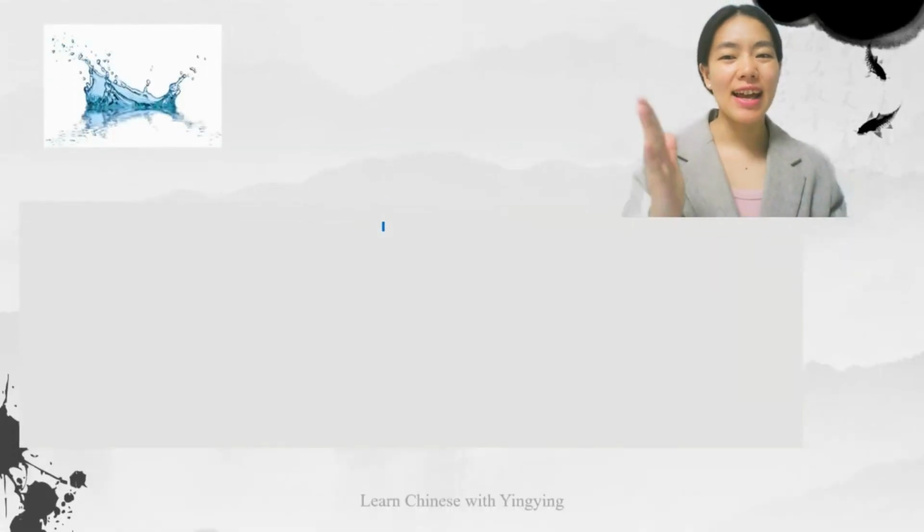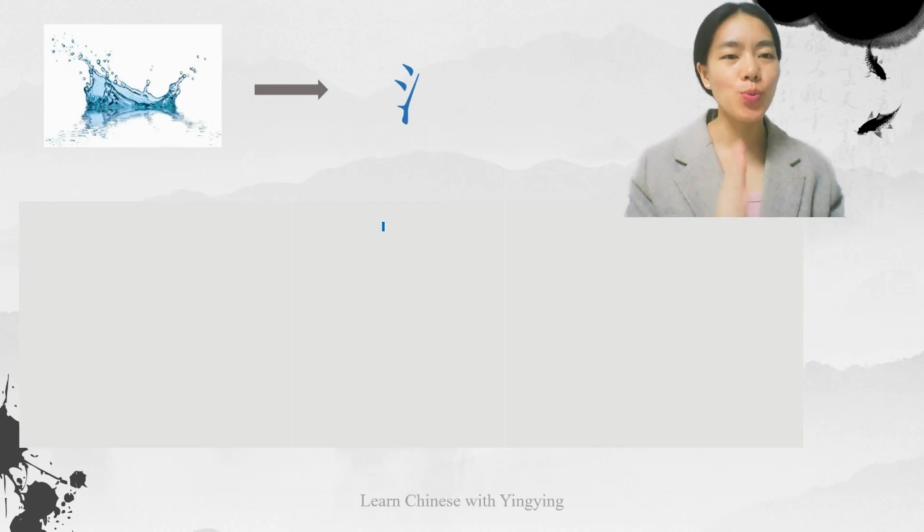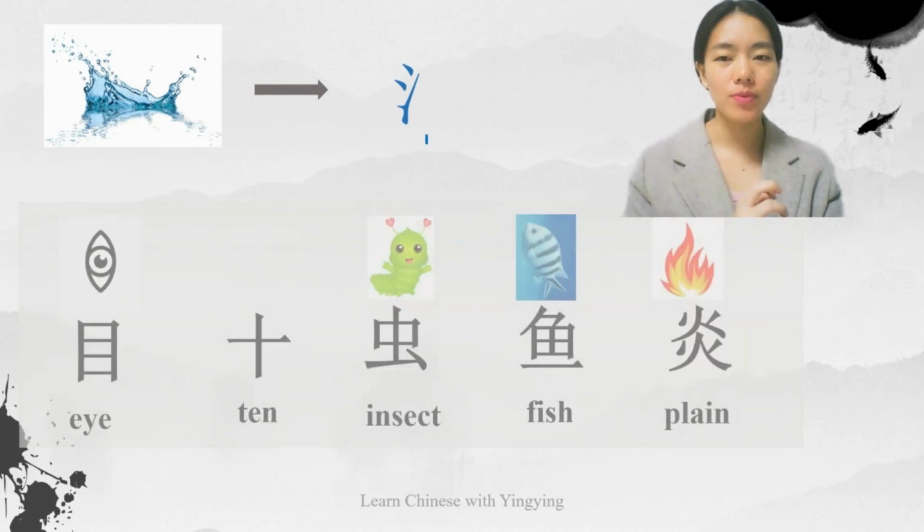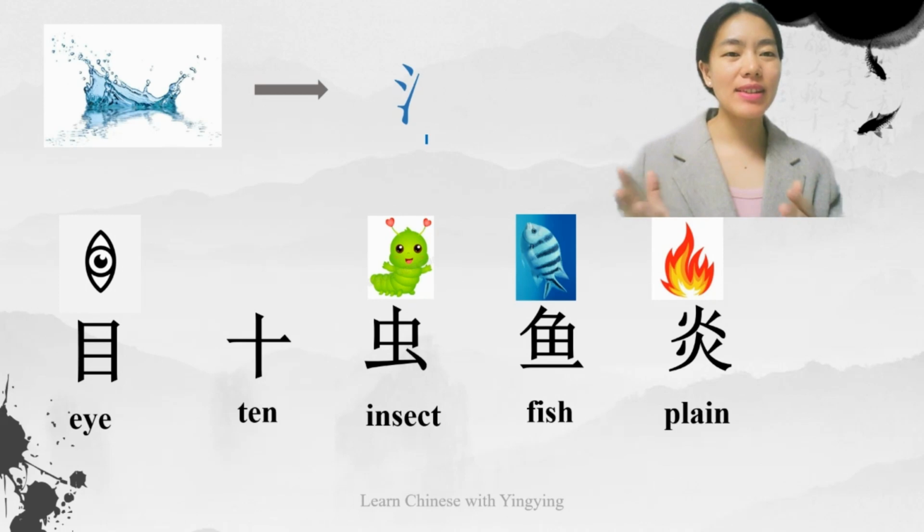For instance, this is a super common radical in Chinese. These 3 dots mean water. And you see, we've learned these characters in our previous lessons. If you haven't watched, you can find the links in the description box.